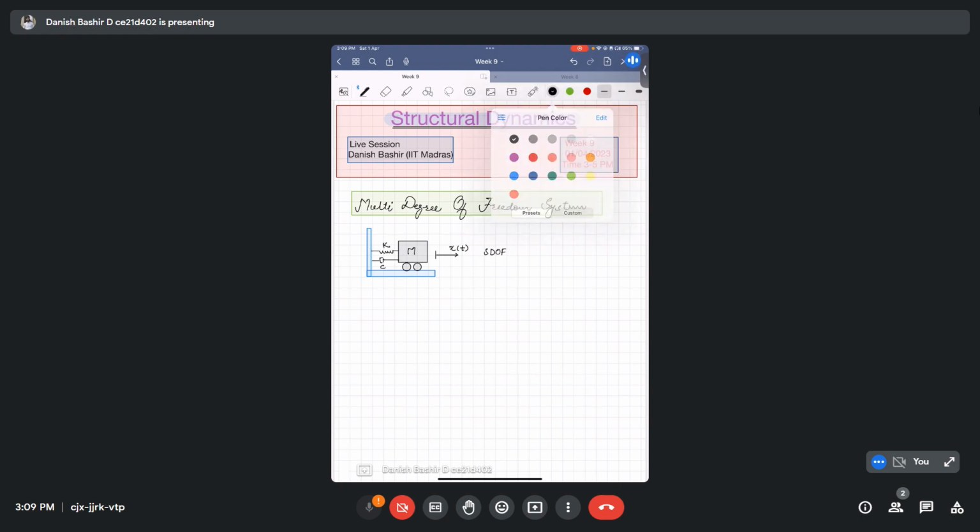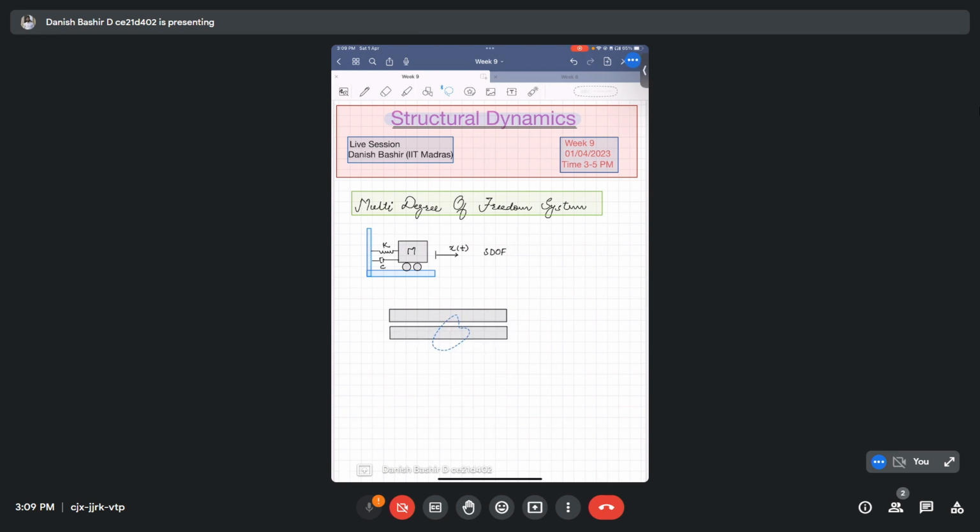if I draw a multi-degree of freedom system like this, we have two slab floors, one is this slab, another is this.